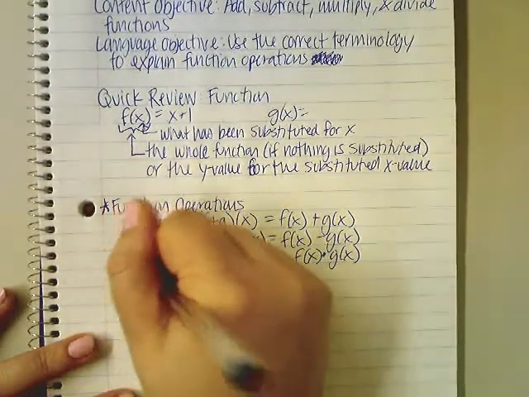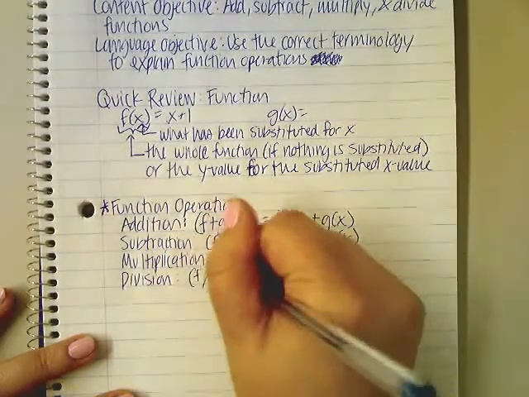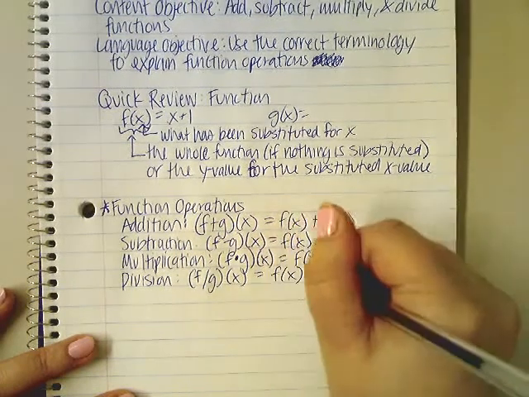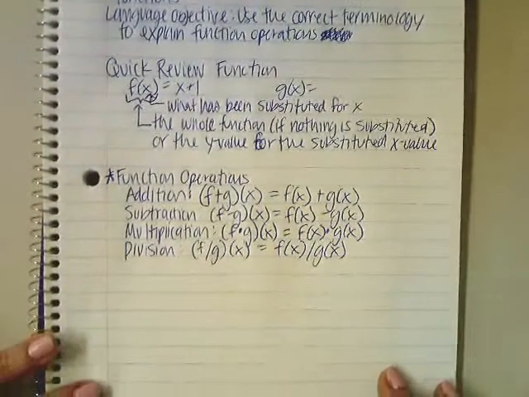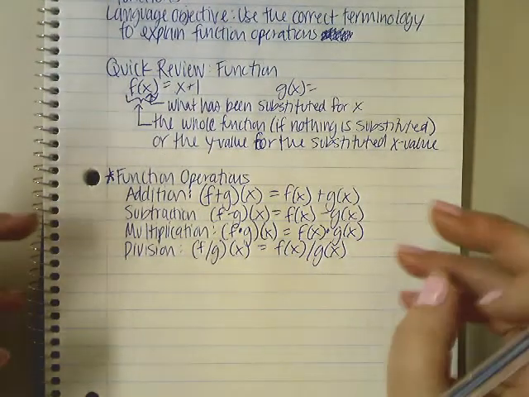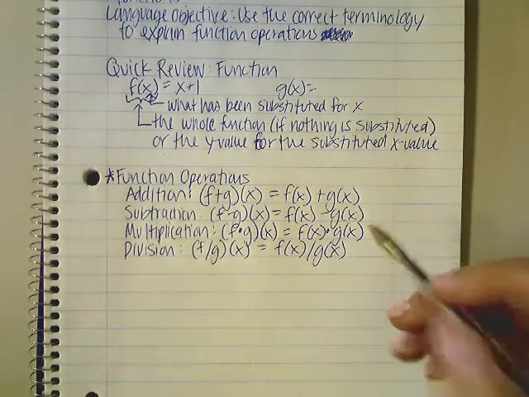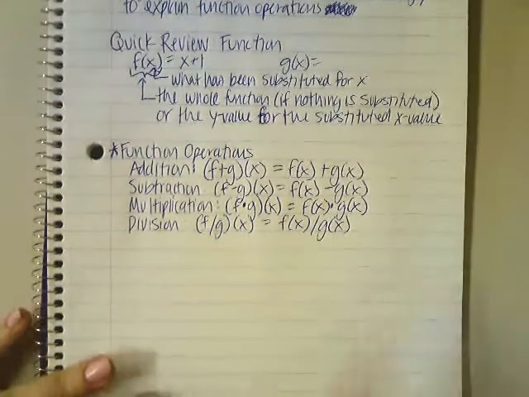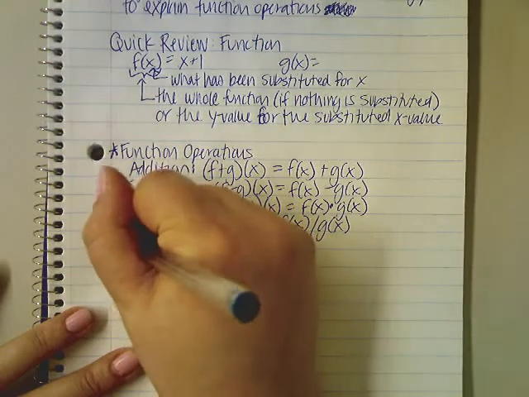And last but not least, division, it would be f divided by g of x, and that'd just be equal to the function f of x divided by the function g of x. So the actual process of adding, subtracting, multiplying, dividing is not all that tricky. It's just combining like terms or simplifying expressions. What I'm guessing will be a little bit trickier for people is talking about the domains.